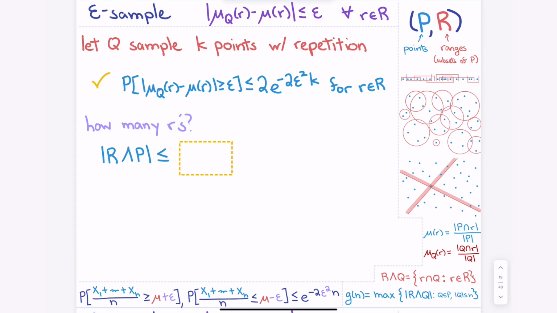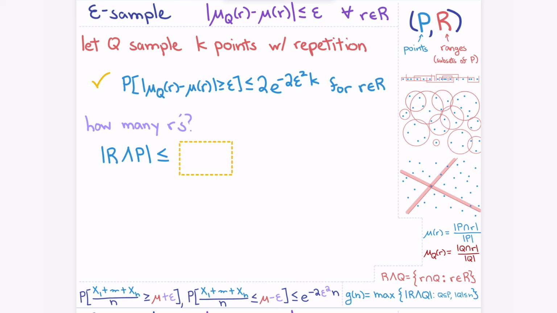Now, how many ranges do we effectively need to worry about? It is true that there's all this in a plane or something, but we're really only interested in the subsets they induce over the original point set.